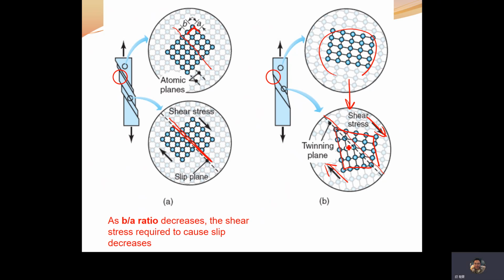Okay, so you can imagine why we saw the lower B over A ratio right here. That means the interplanar distance, because the lattice parameter is a constant, right? The interplanar distance, or the d-spacing of the close-packed plane, decreases. That means the shear stress required to make the slip process occur decreases.